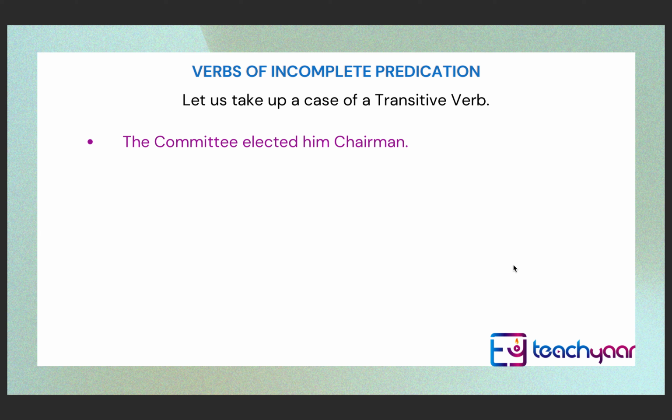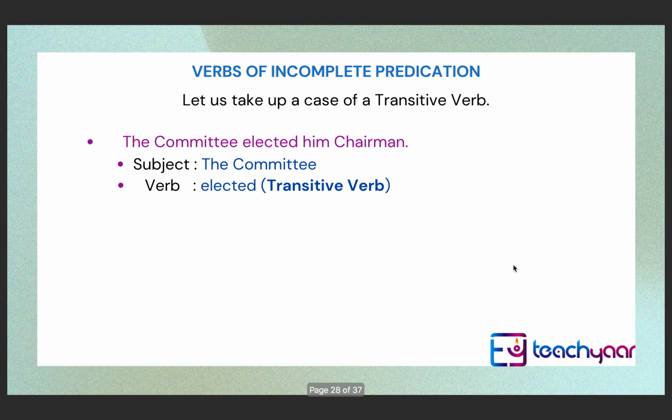Look at this sentence. The committee elected him chairman. First, identify the subject, the committee. What is the verb? Elected. Why is it a transitive verb? Because there is an object in the sentence. What is the object?